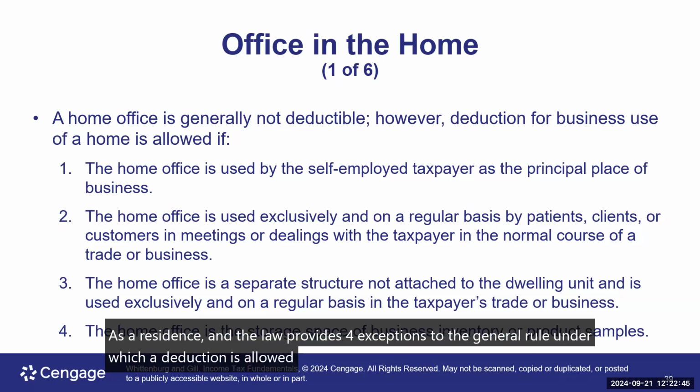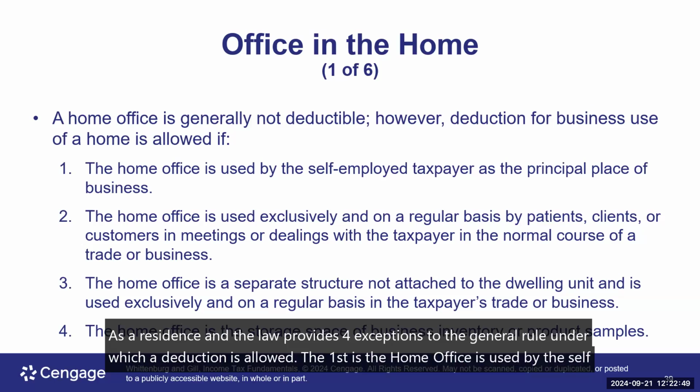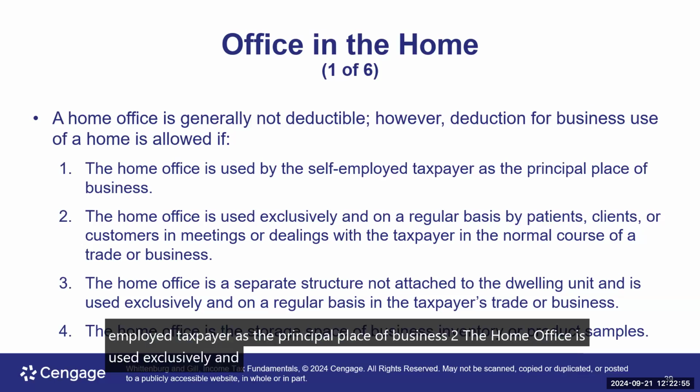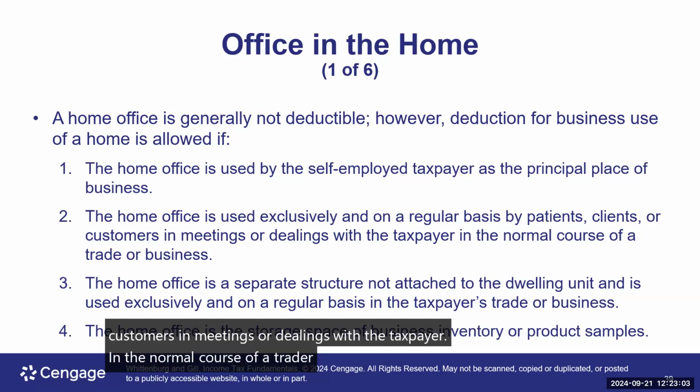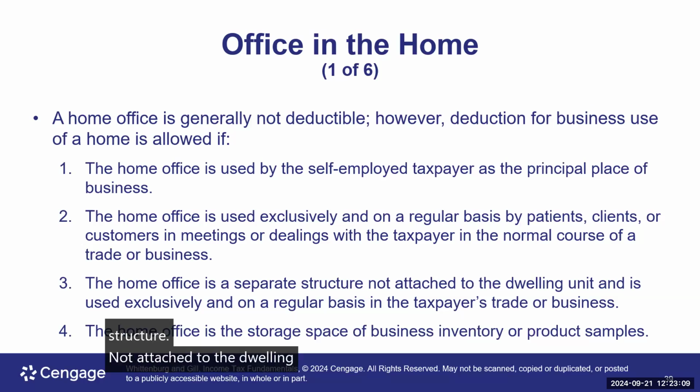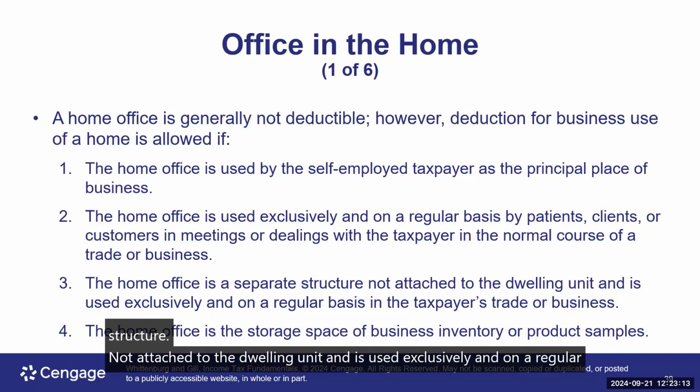The first is the home office is used by the self-employed taxpayer as the principal place of business. 2, the home office is used exclusively and on a regular basis by patients, clients, or customers in meetings or dealings with the taxpayer in the normal course of a trade or business. 3, the home office is a separate structure not attached to the dwelling unit and is used exclusively and on a regular basis in the taxpayer's trade or business.